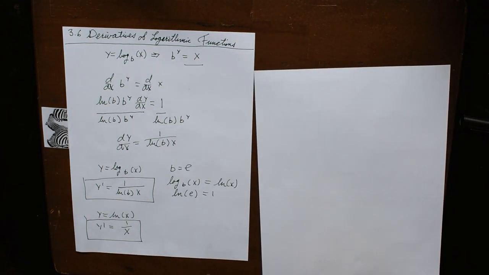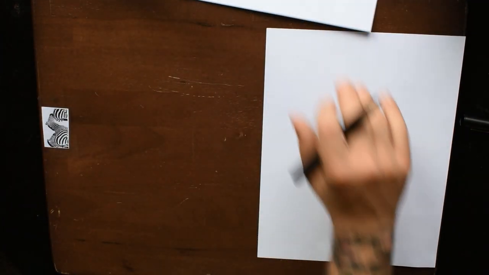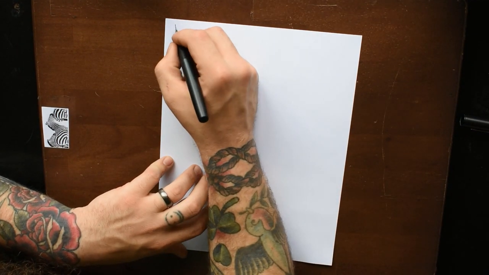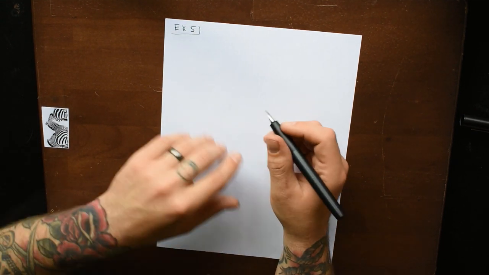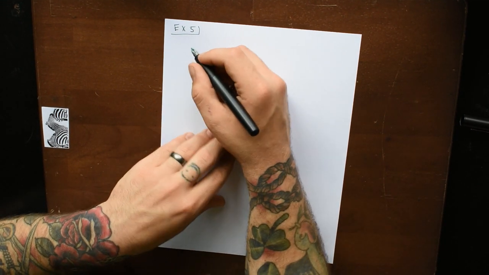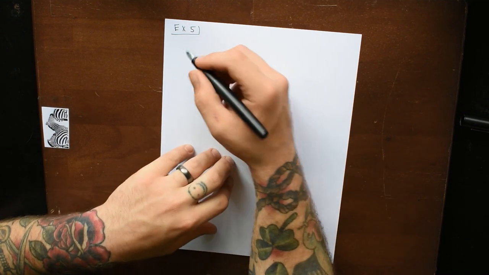So for example 5, we're going to start on using some identities. And before we begin with example 5, let's go over our 3 big log rules.